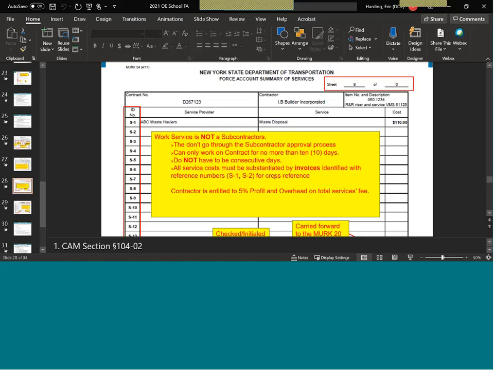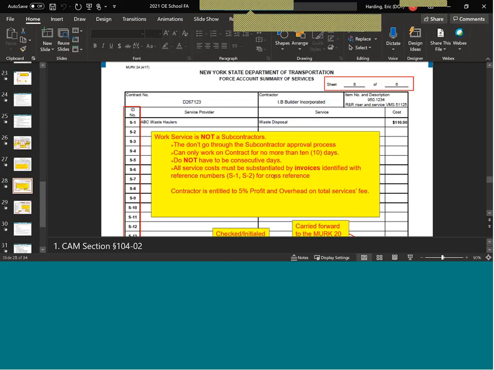All services must be substantiated by invoices identified by the reference numbers, S1, S2, which will reference back to this ID number on the summary of services. Contractors are entitled to 5% profit and overhead on the total service fee.